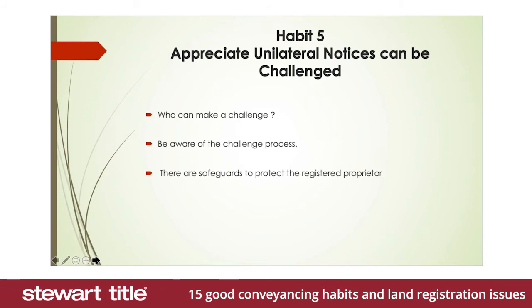Therefore, if someone places a unilateral notice on the title, think about challenge, but also think about the more fundamental point: is this notice actually protecting a valid or legitimate interest in land in the first place? If not, then it is certainly vulnerable to challenge and the notice should be removed.